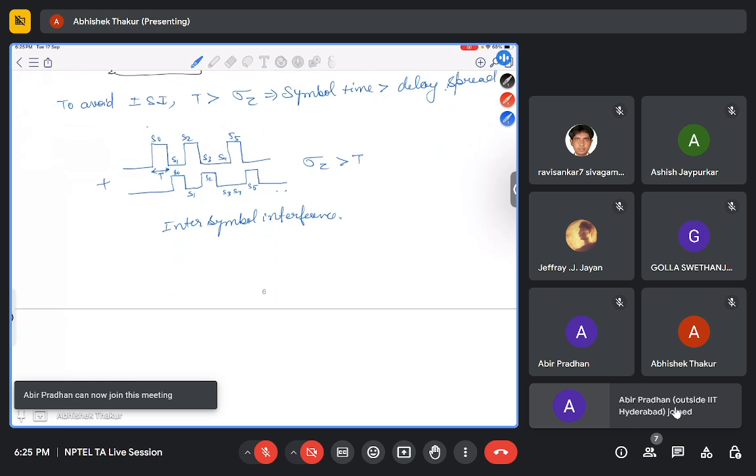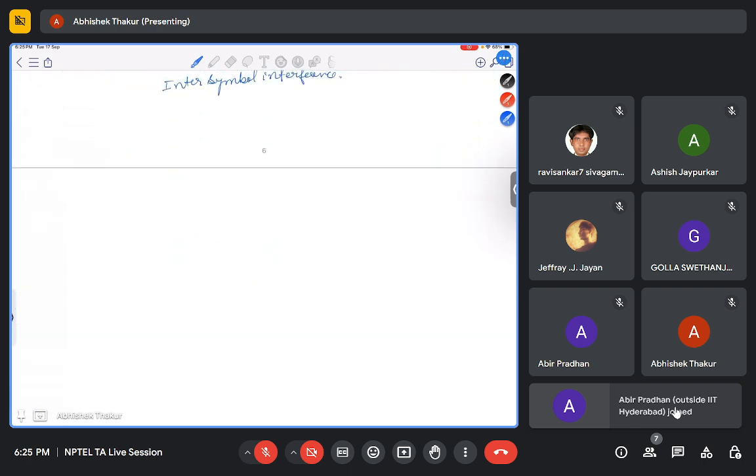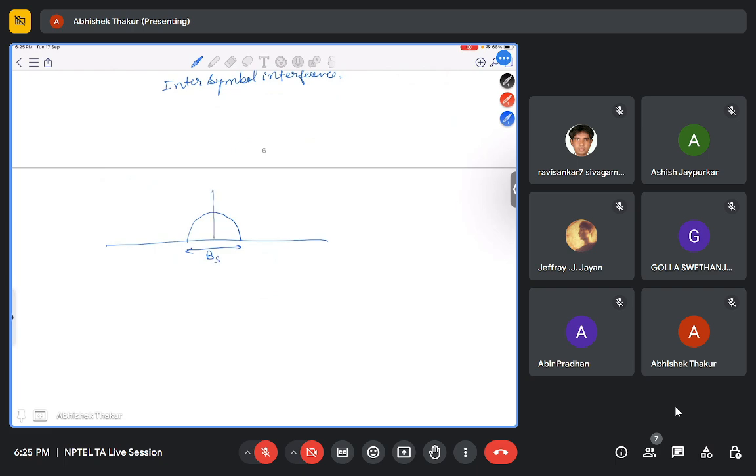Now let's suppose the symbol has a bandwidth of Bs. This is the bandwidth of the symbol that is given as Bs, and the channel has the bandwidth of Bc.